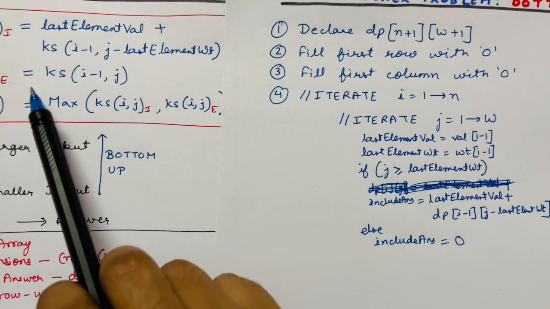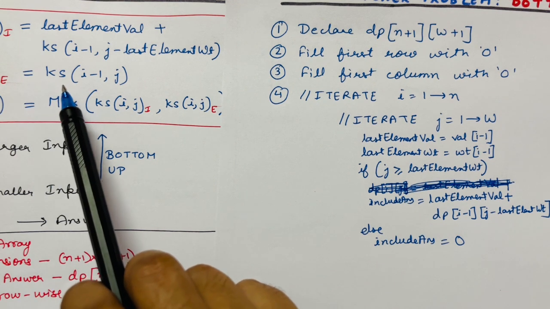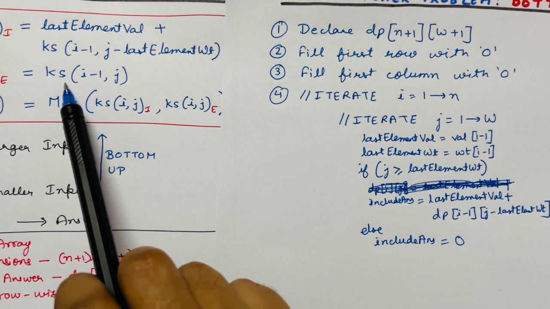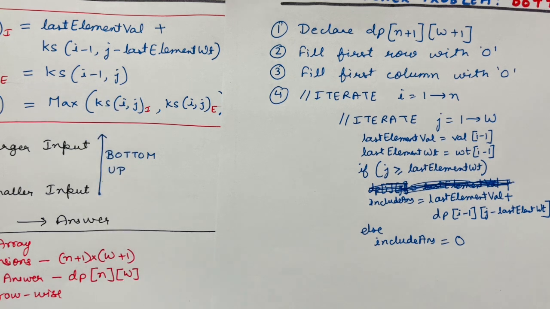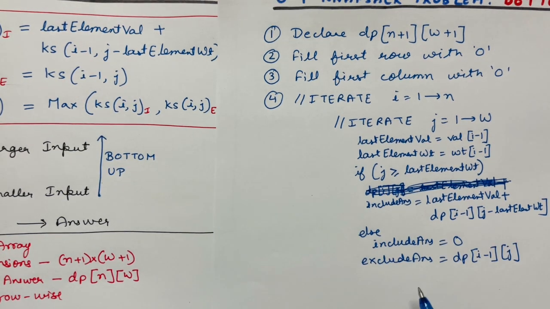Now we have to look for the answer for the exclude case. The answer for the exclude case is denoted by this expression. That means we will find the exclude answer at this position in the 2D matrix. So we will have the exclude answer as well. Now we have to get the maximum of the two and put that in our dp[i][j].